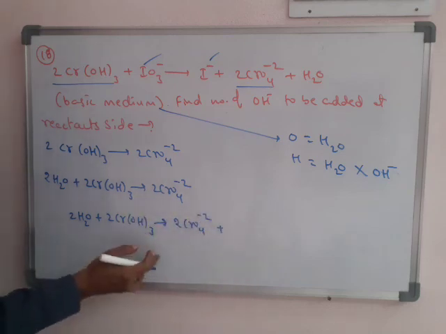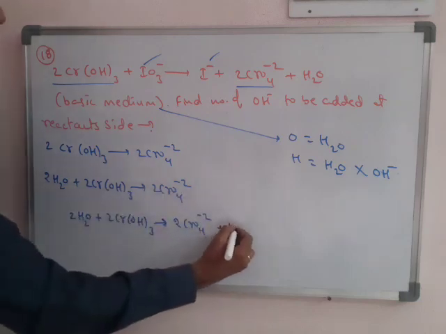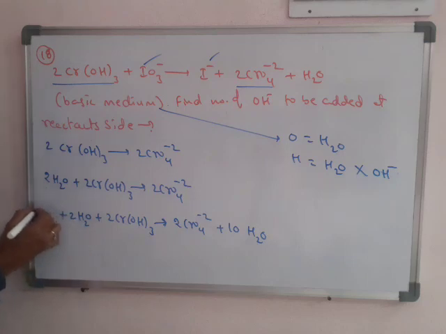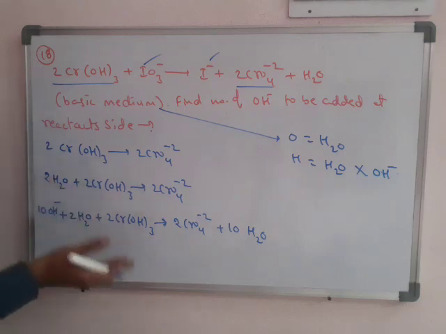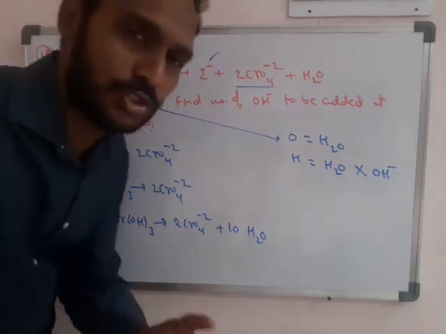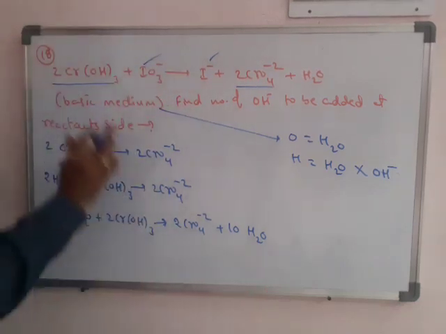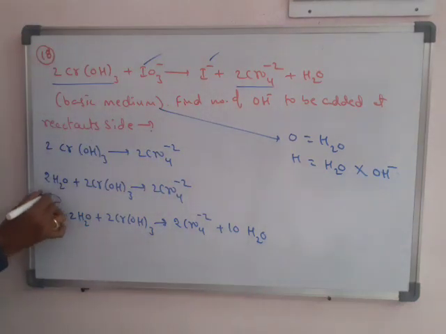Where the hydrogens are less? Here. So add the same number of H2Os and add the same number of OH minus in the opposite direction. Then we find out the number of electrons. But here the question is only how many OH minus. For this modification, 10 OH minus ions are required. Okay.